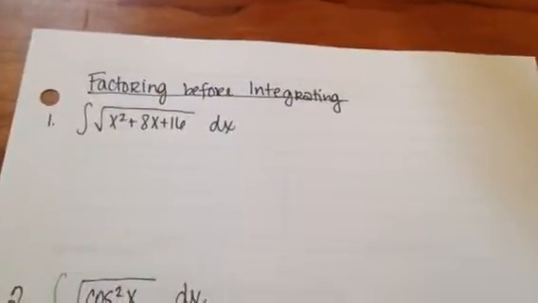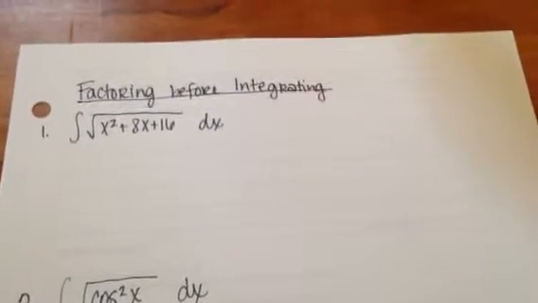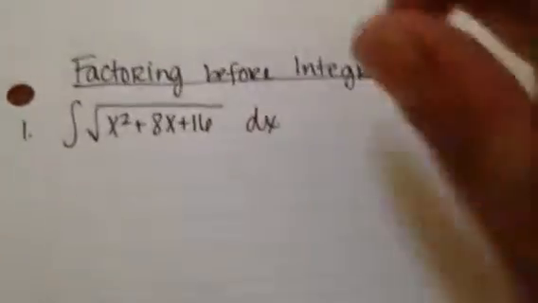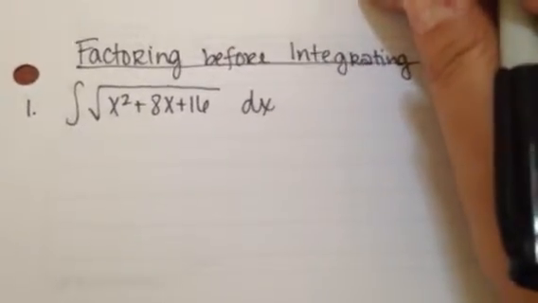I'm an AP Calculus teacher at Everest Public High School, and this is a video that talks about factoring before integrating. So look at this first problem here. We are taking the indefinite integral of the square root of x squared plus 8x plus 16.